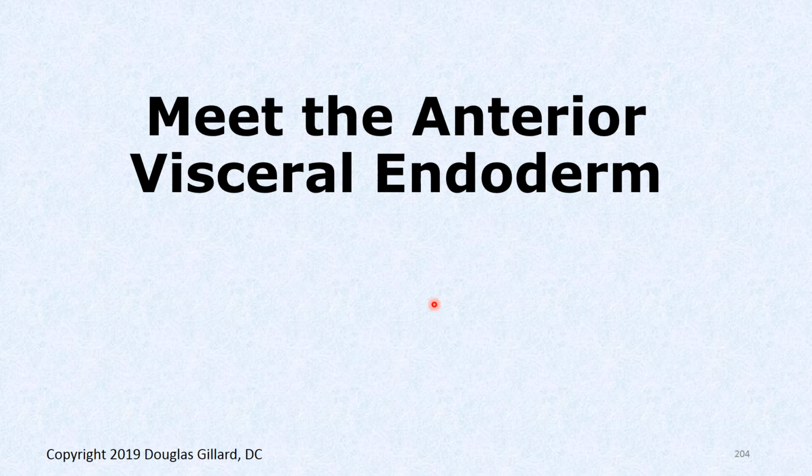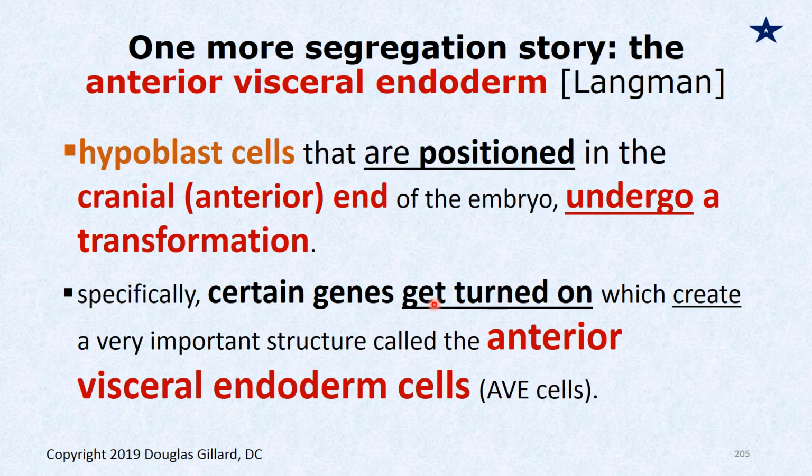All right, now let's do some more weird segregation, some more gene turning on and off. One more segregation story. For now, there's going to be a lot of segregation stories. But for now, I want you to meet the AVE cells, the anterior visceral endoderm cells.